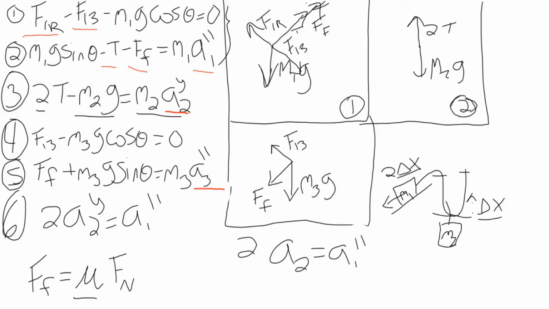So if you know how much grit there is on the surface, and you know how hard they're pressing on one another, you'll know just how strong the frictional force is between the two objects.